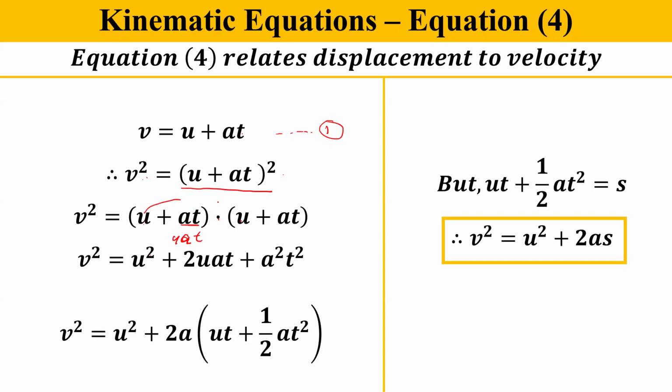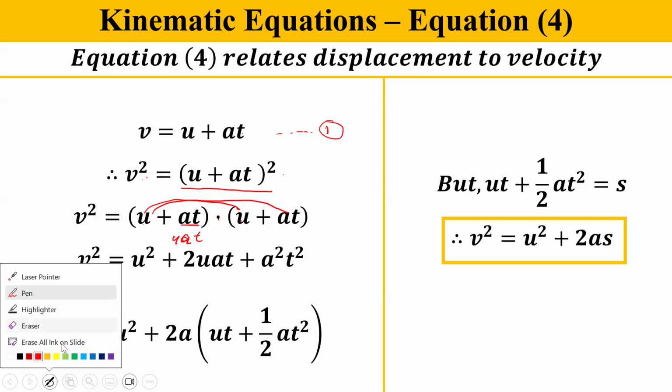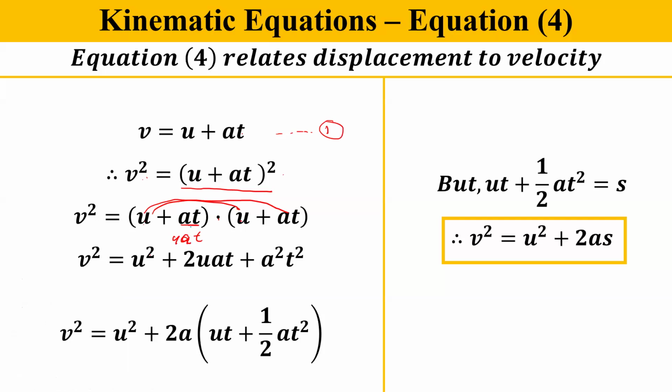So first thing you do this, then you do that, and then you go to the other term and multiply again, because it's a quadratic expression. So first one we get U squared plus AUT, and then you start with the second term again, you're going to get another AUT, and the final one you get A squared T squared.